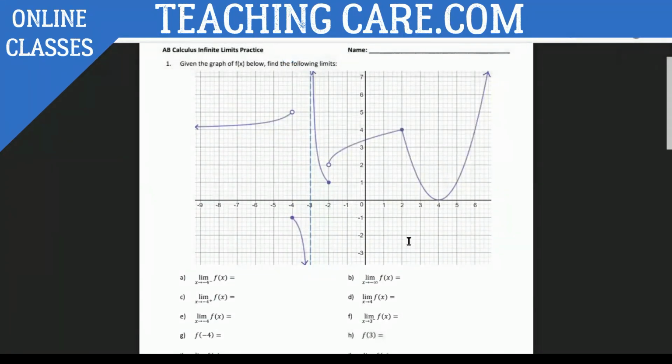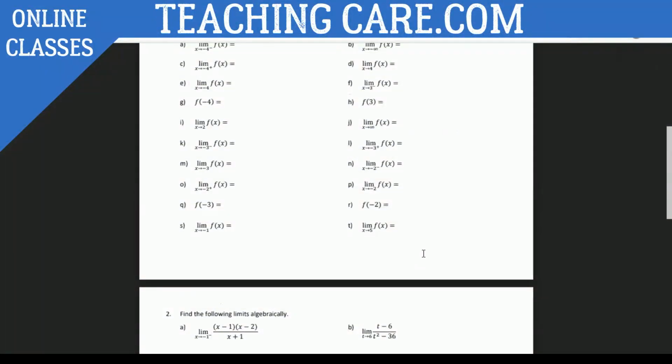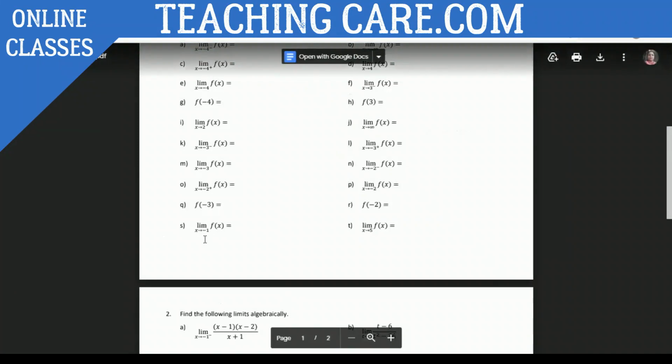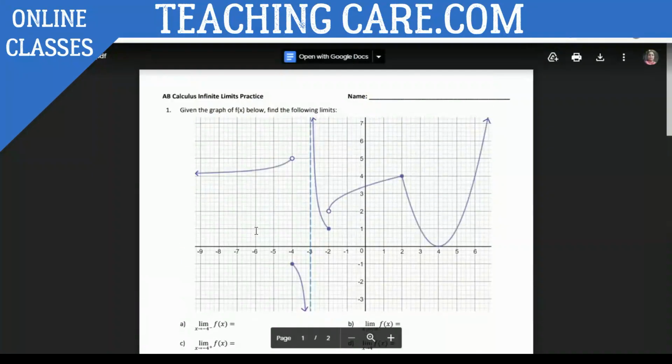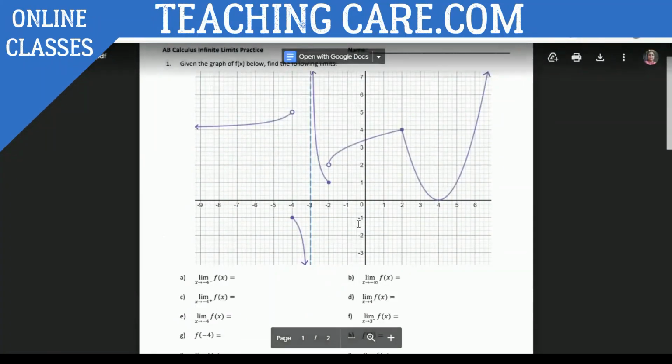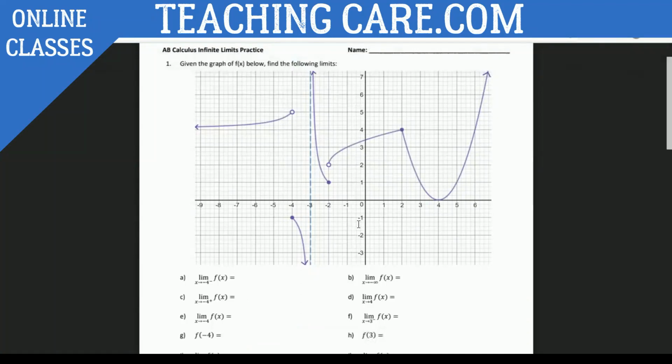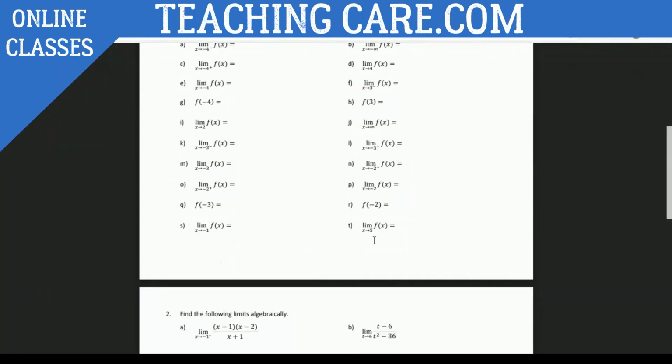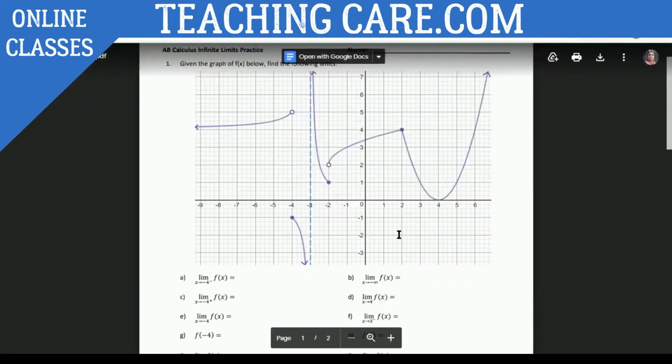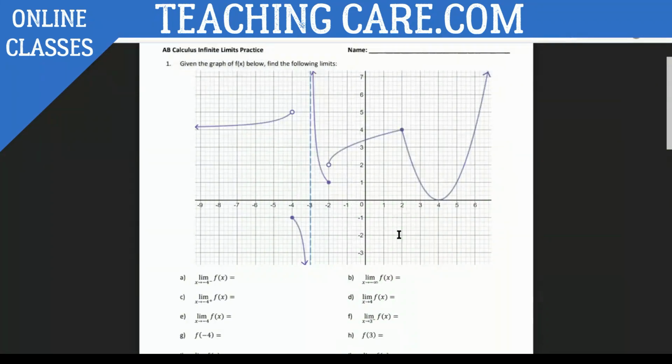Sorry, it would just be 1. Yes, obviously. Okay, good. Limit x approaches negative 1 f of x. It's going to be 3. Yes. Limit x approaches 5 f of x. As it approaches 5, it's going to be 1.